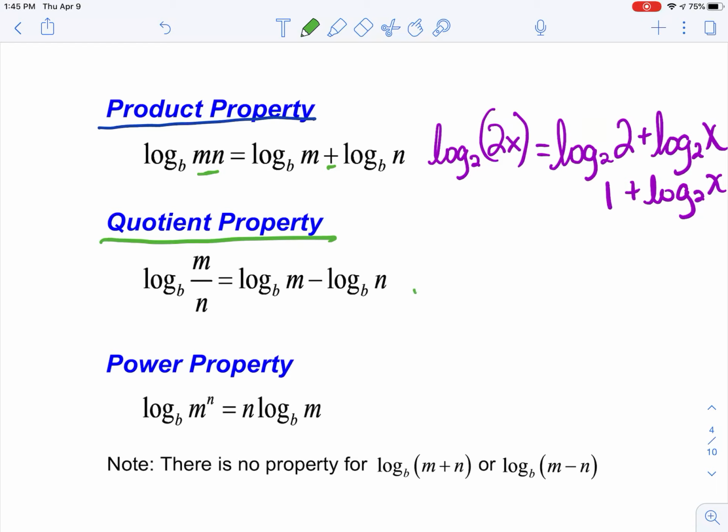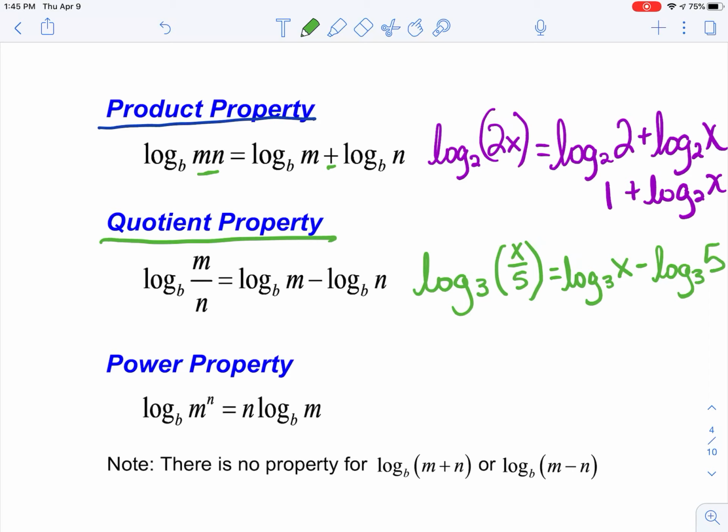So let's say I have log base 3 of x over 5. To expand this, that'd be log base 3 of x, my numerator, minus log base 3 of 5. 3 to what power is 5? We don't know, so we can just leave our answer as is.